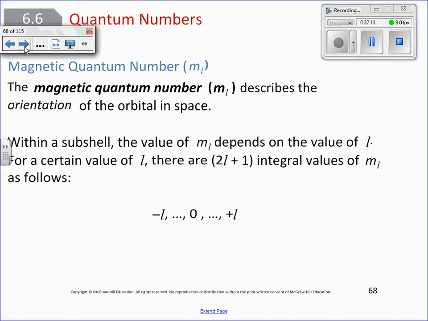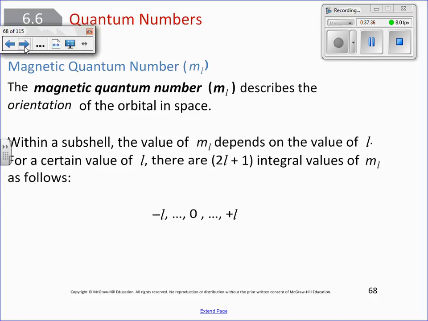Well, what's minus 0? Yeah, it's going to be 0. So for 2 here we have a 0, 2s, so this is going to be 0. Well, 2p is 1, so what is m sub L going to be? Negative 1, 0, positive 1.